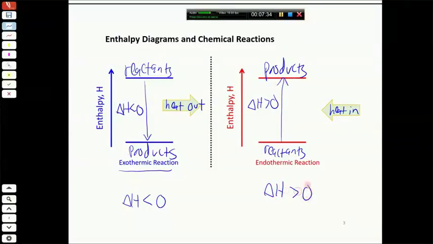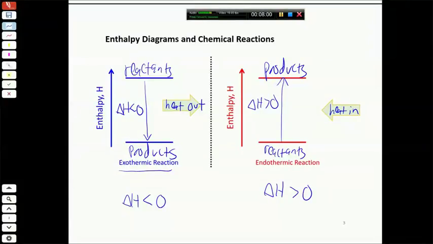So a couple different ways of thinking about the same thing, but when we're talking about a chemical reaction specifically, the whole reaction is our system, and the final state would be whatever the products are, the initial state is whatever the reactants are, and the sign of delta H is determined by the relative absolute enthalpies of those reactants and products. Alright, so that's some more conceptual background about delta H.